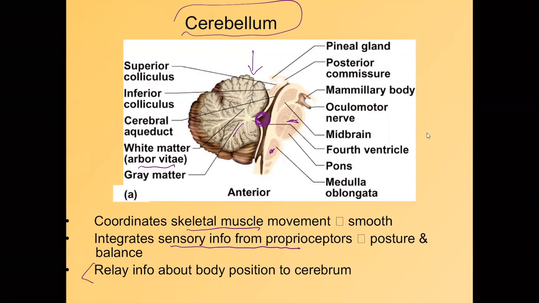It's also going to send a message to the cerebrum, and that's going to help you figure out where you actually are. I always say my cerebellum must be really small because I'm not very coordinated. I can't run and catch a ball and stuff like that. So the cerebellum has to do with skeletal muscle movement and keeping it straight and knowing where you are and being aware.